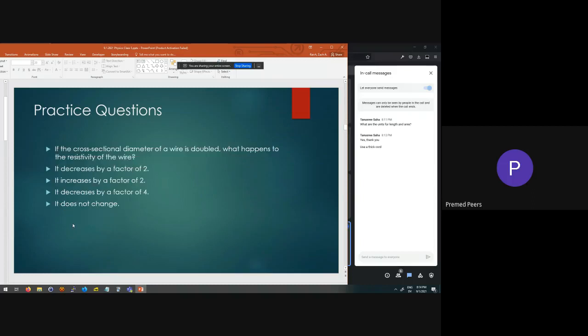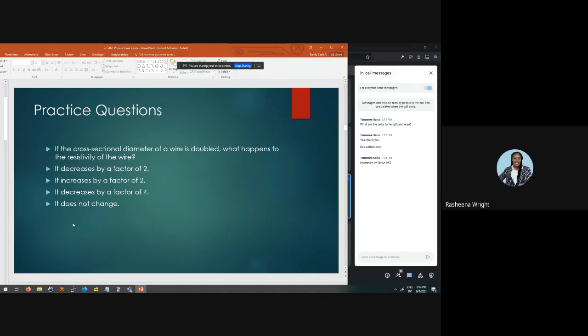Question here. If we double the cross-sectional diameter of a wire, what happens to the resistivity of that wire? Any guesses?